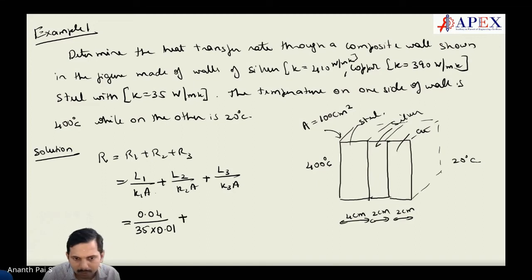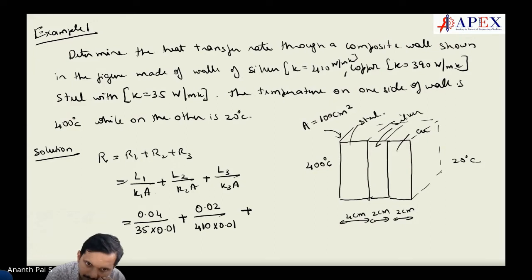Plus L2 is given as 0.02 divided by K2, which is silver, 410 into 0.01, plus 0.02 divided by 390 into 0.01. Correct. So together, what is the answer you get?